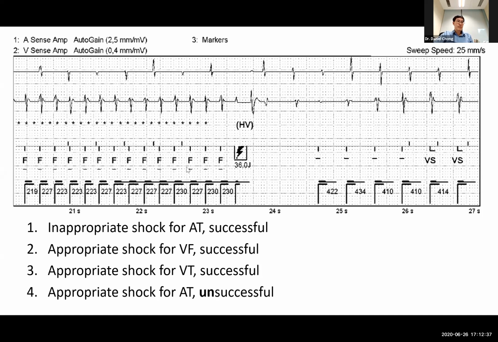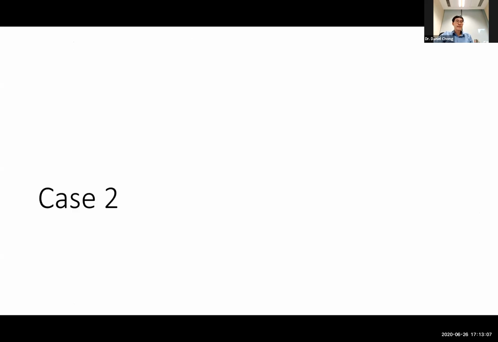So this is not atrial tachycardia because there are more V's than A's, and it's successful because the tachycardia ends. Looking at this, it's not VF because it's very regular with a tachycardia cycle length of about 220 to 230 milliseconds. So this is number 3, ventricular tachycardia with appropriate shock, and it's successful.